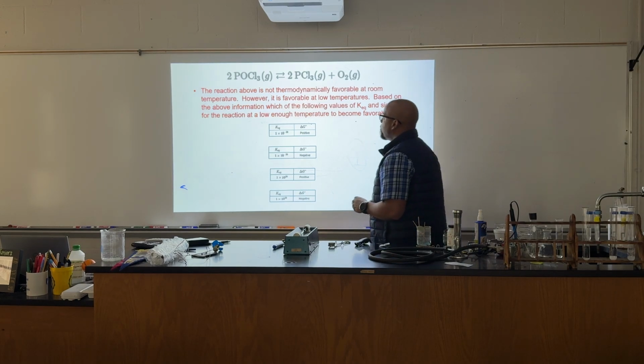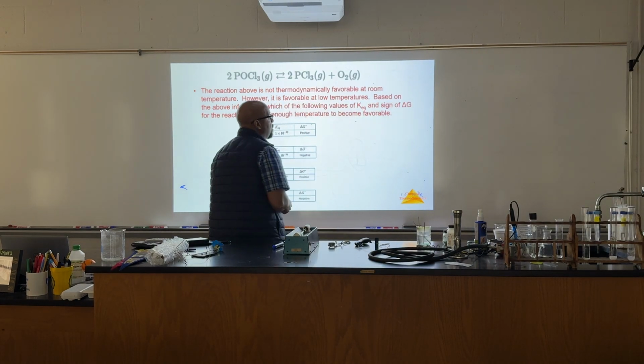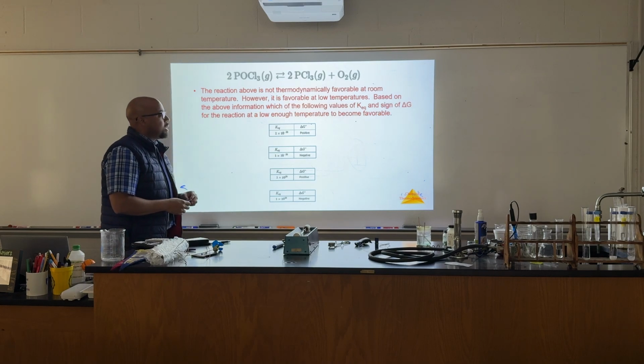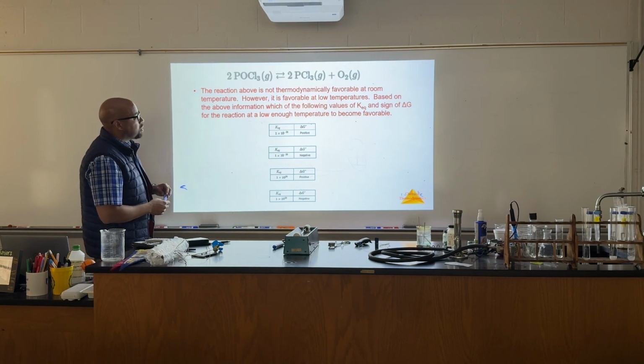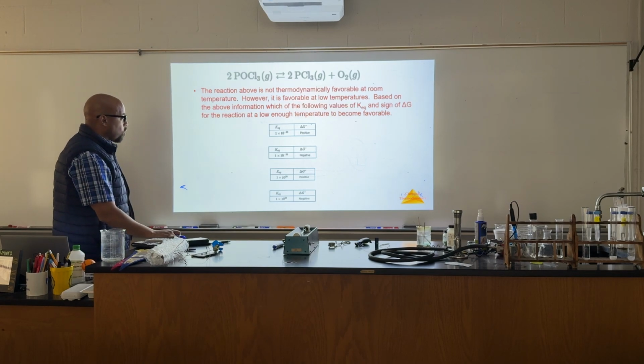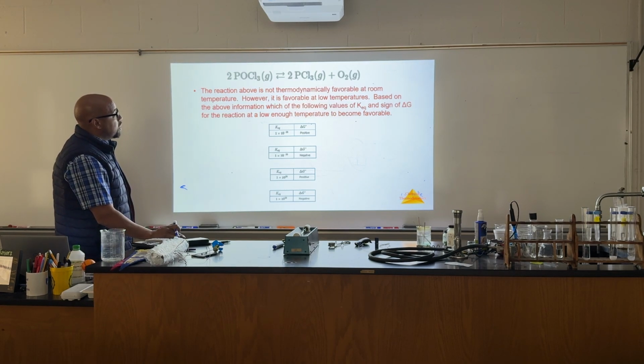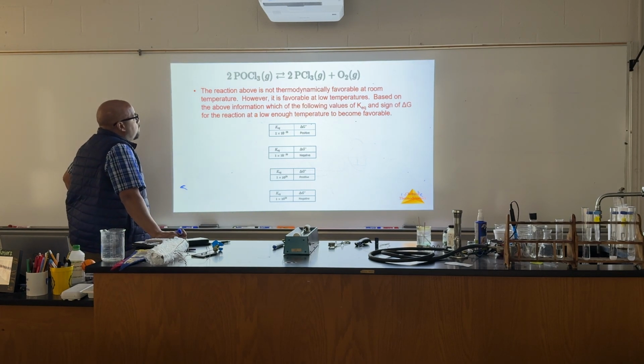Based on the above information, which of the following values of KEQ and sign of delta G for the reaction at a low enough temperature to become, in this case, thermodynamically favorable?